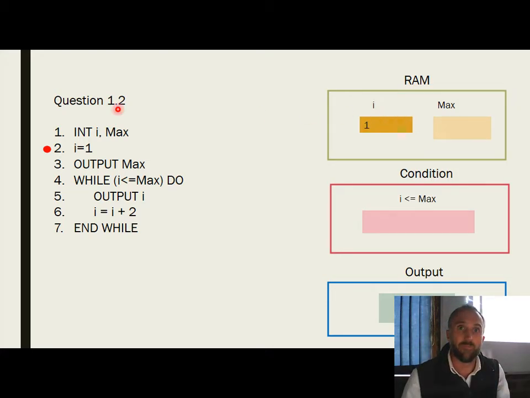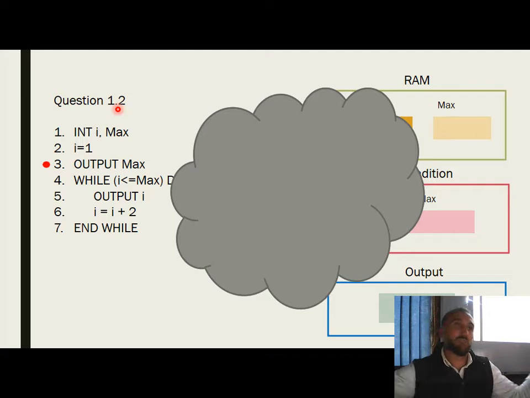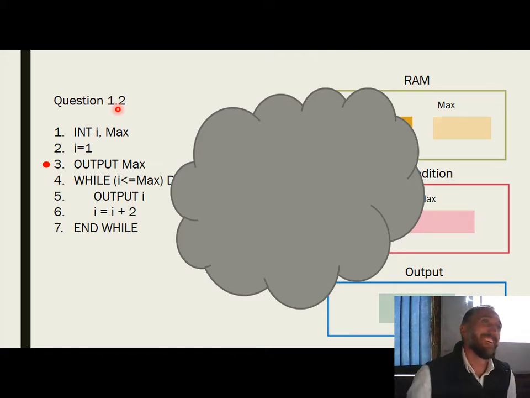So far we're good. Now we go to here, the program output max, but max doesn't exist. So what happens is literally, boom, the computer blows up. How was the animation, right? Okay.